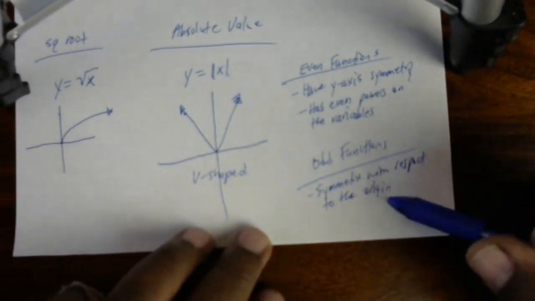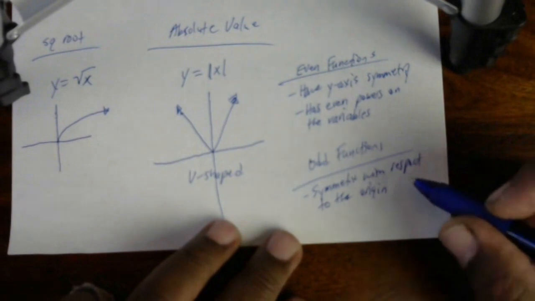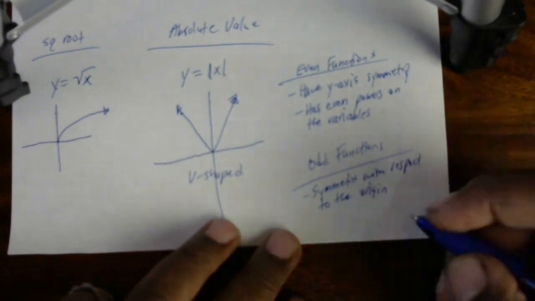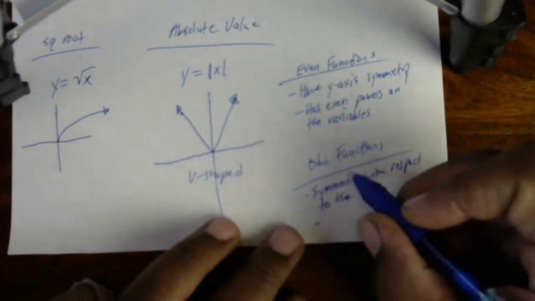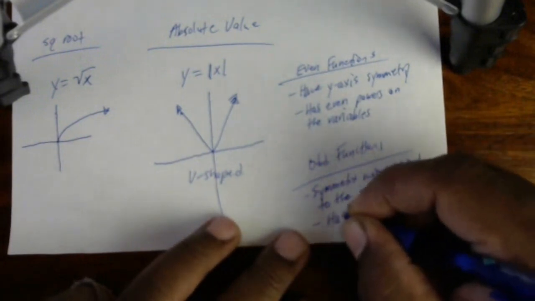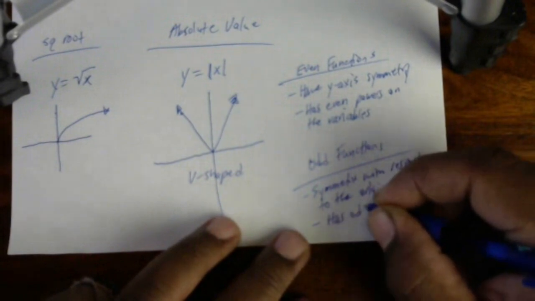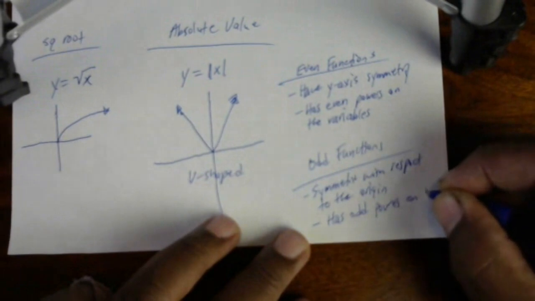They're symmetric with respect to the origin. That means that they have both x and y-axis symmetry. Odd functions also have odd powers on the variables.